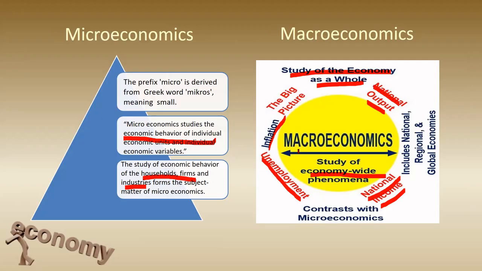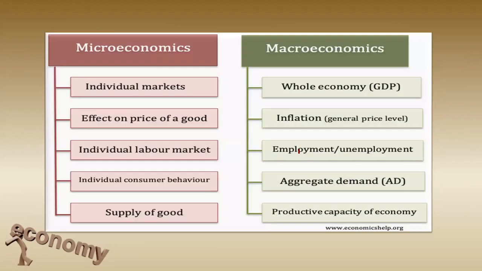All these problems and remedies we can study under macroeconomics. In microeconomics we study individual markets, whereas in macroeconomics we study the whole economy. And whenever we discuss the whole economy, the gross domestic product, that is GDP, we study in macroeconomics.